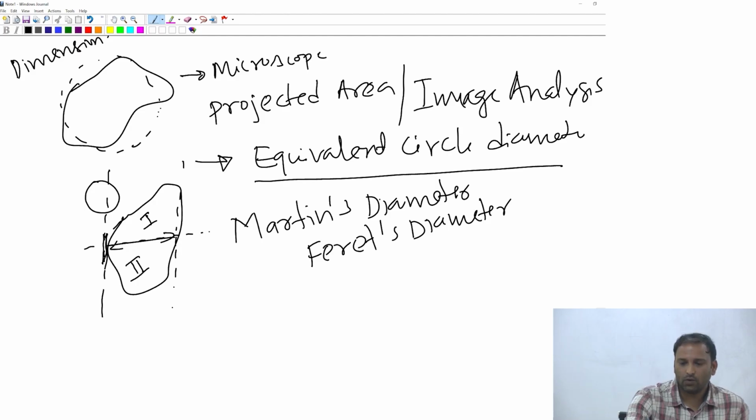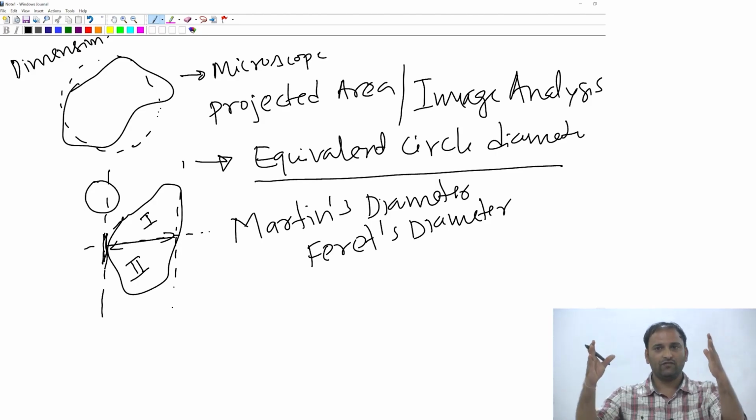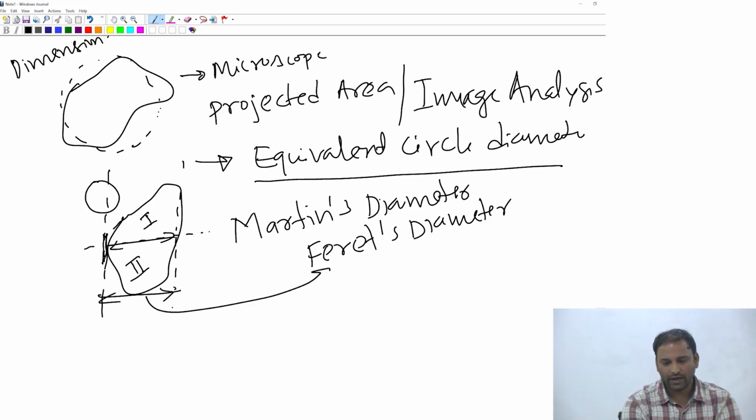Now, when you construct two parallel tangents, if these two parallel tangents exactly encompass the particle that you have, the distance between these two tangents is what is called a Feret's diameter. Again, these are the guidelines in the literature for thinking about how one goes about finding the dimensions.